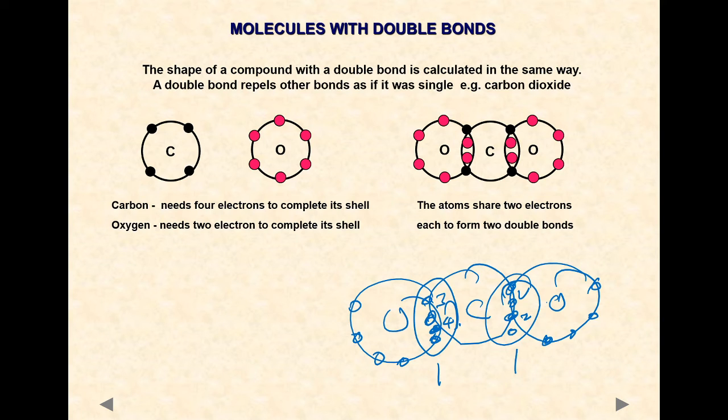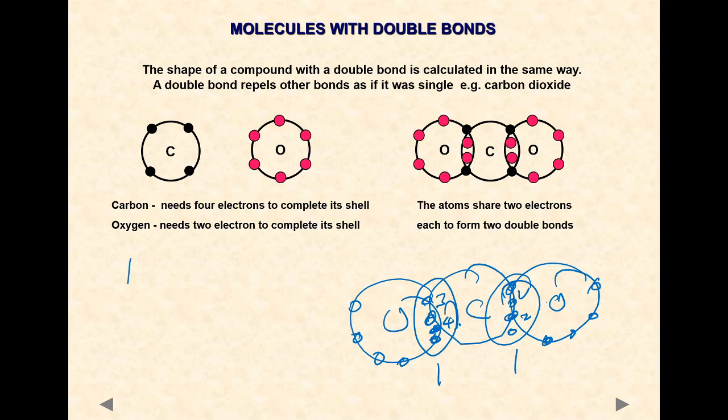So in terms of bond pairs, this molecule has bond pairs equal to 2. It doesn't matter that there are 4 here. As long as these 4 are bonded just between 2 atoms, they are counted as 1. Remember, a single, double, and a triple are treated in a similar way.